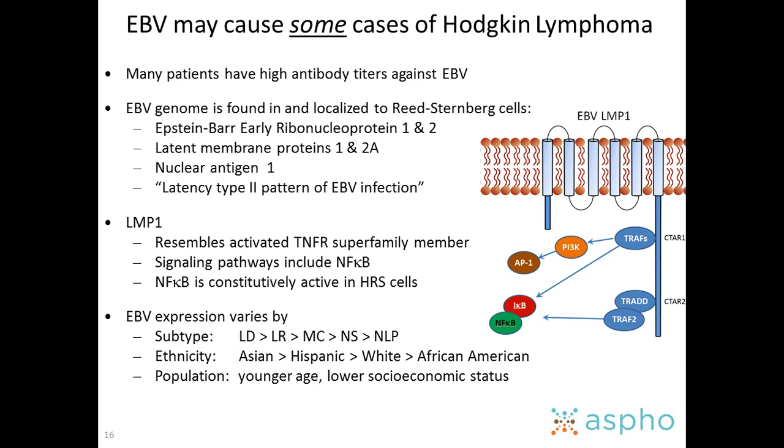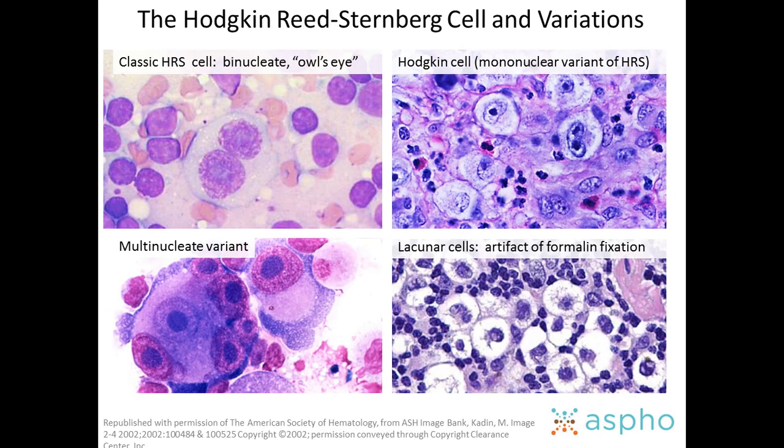And NF-kappa B is constitutively active in Hodgkin Reed-Sternberg cells. That is the driving mutation. EBV expression does vary by different subtypes listed here, as well as different ethnicities and different populations, especially younger age and lower socioeconomic status.